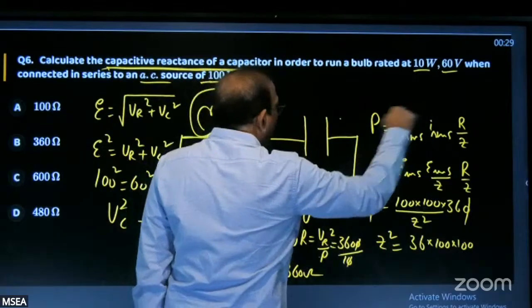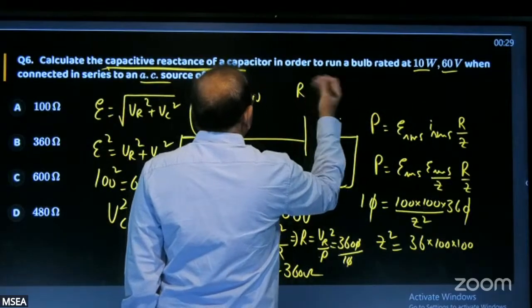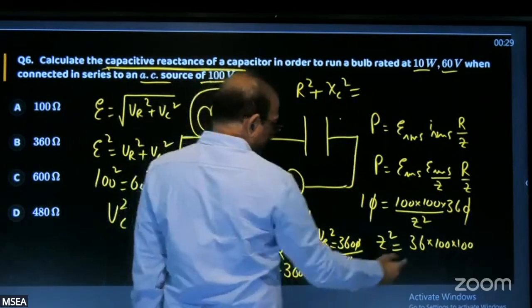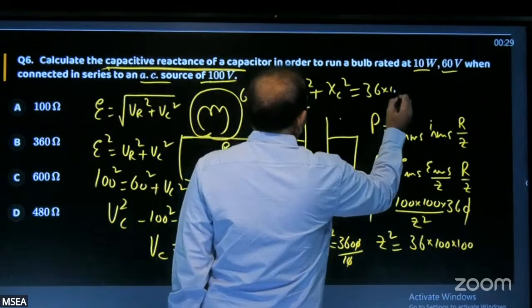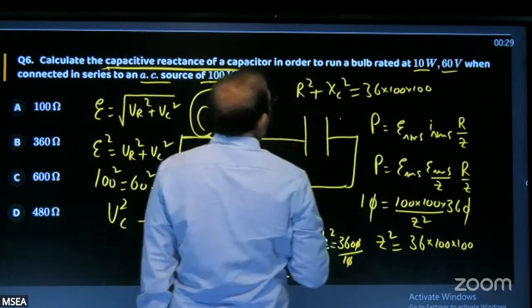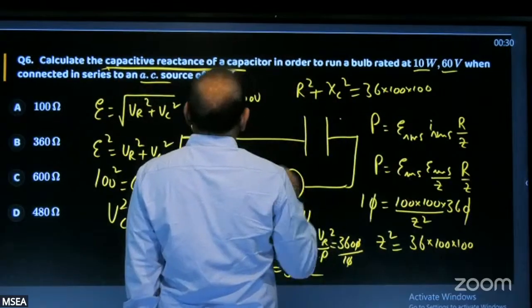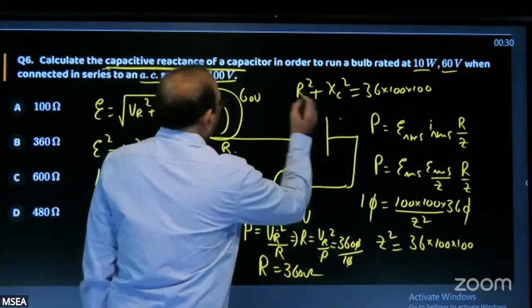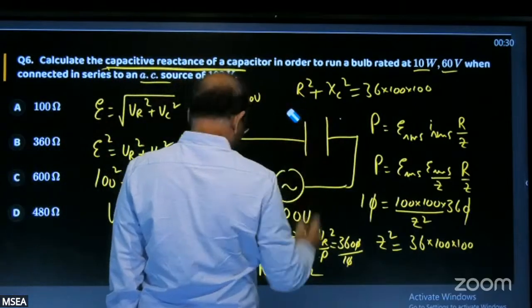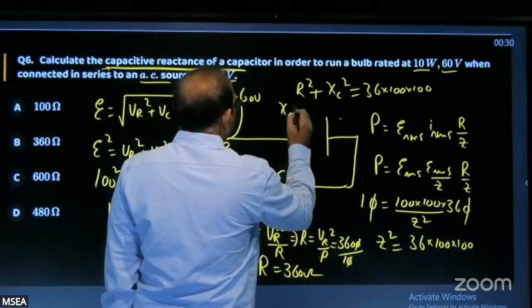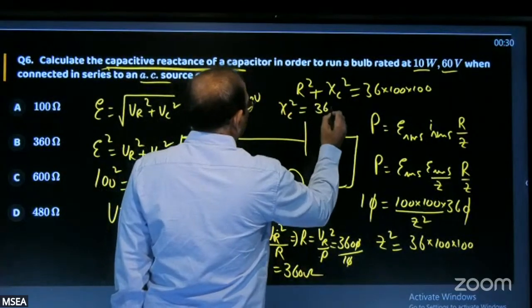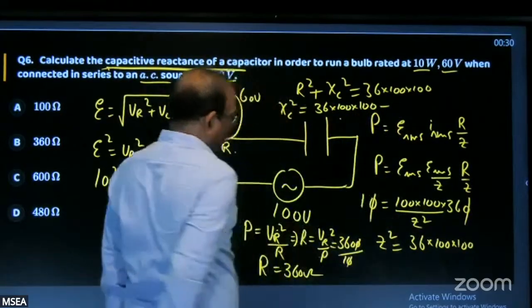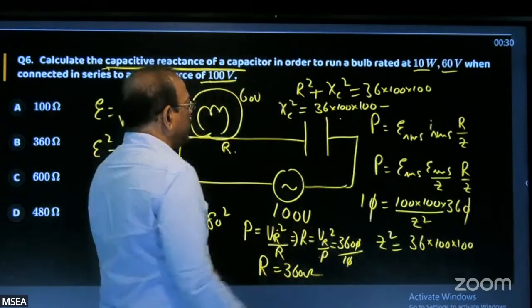Z is root of R square plus XC square, so Z square, the root cancels, R square plus XC square is equal to 36 into 100 into 100. He is asking XC square. So XC square equals 36 into 100 into 100 minus R square. What is R? Filament resistance, 360.